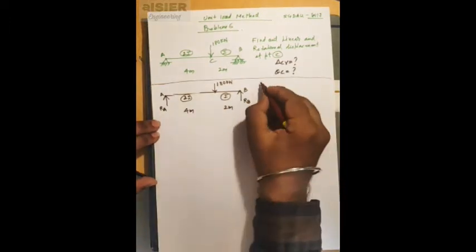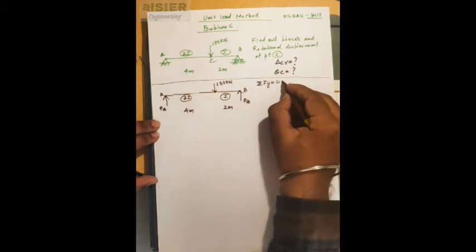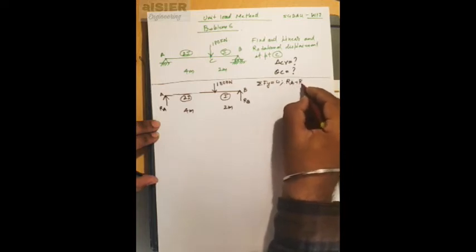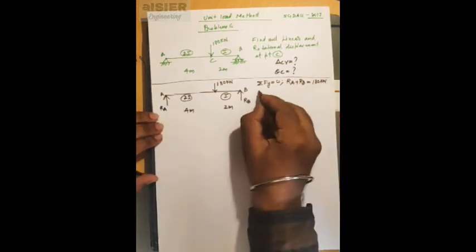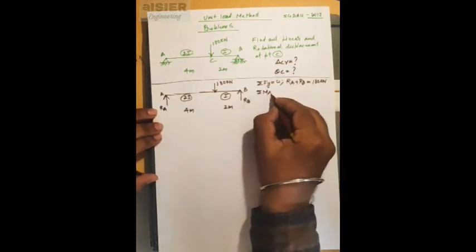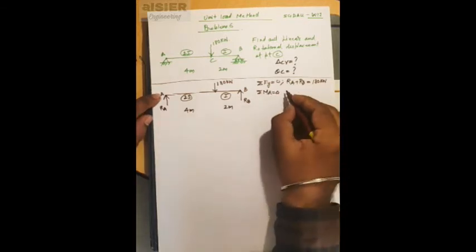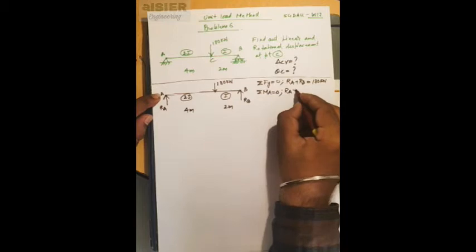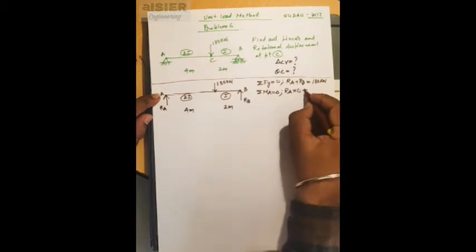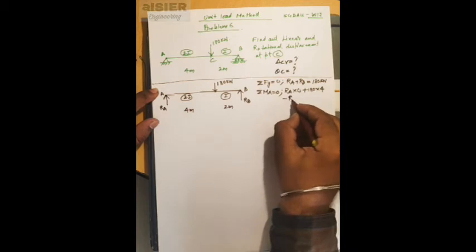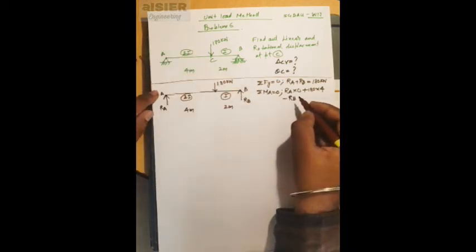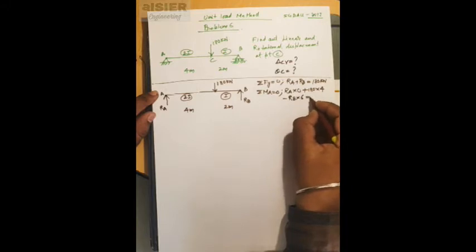So to calculate reaction, first we will do summation of Fy is equals to 0. So Ra plus Rb is equals to 180 kN, because there is only one load. Then summation of moment at A is equals to 0, taking moment at this point. So Ra into 0 plus, since 180 is going clockwise, 180 into 4 minus, since Rb is going anti-clockwise, minus Rb into 6 is equals to 0.